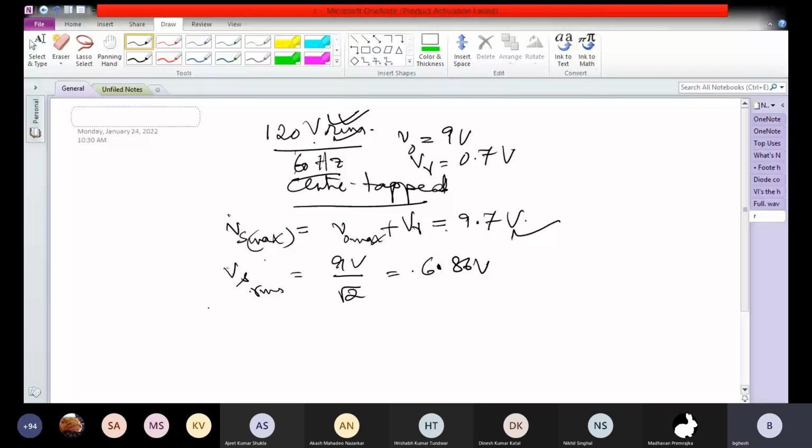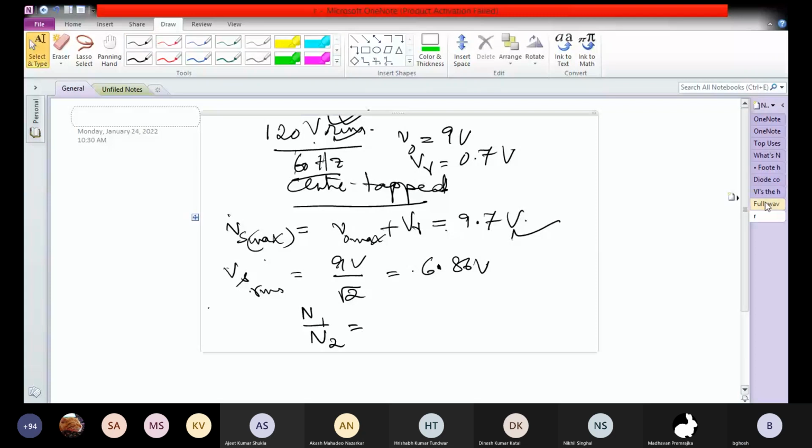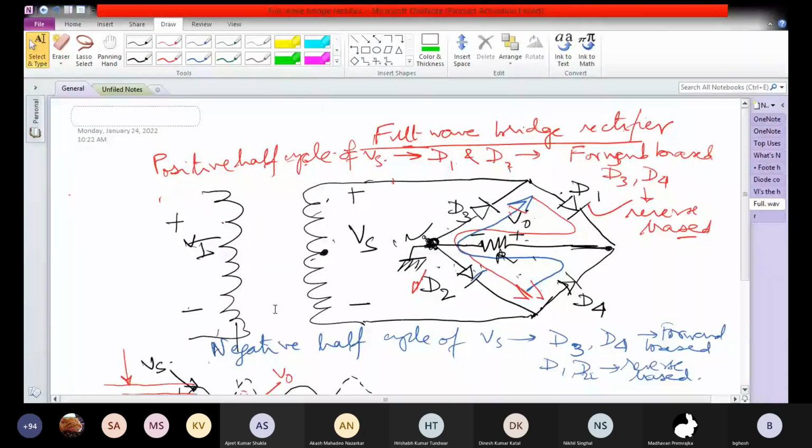And therefore, the turns ratio N1 by N2. Here the number of turns is N1, here the number of turns is N2.